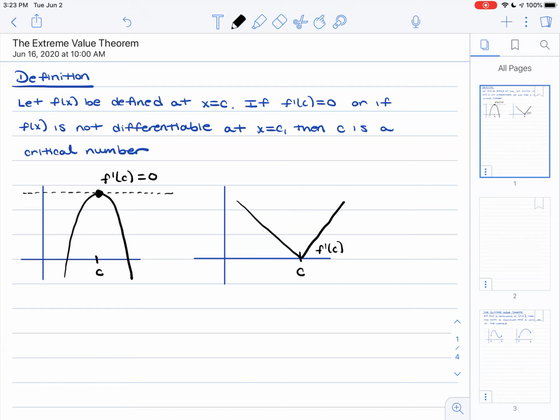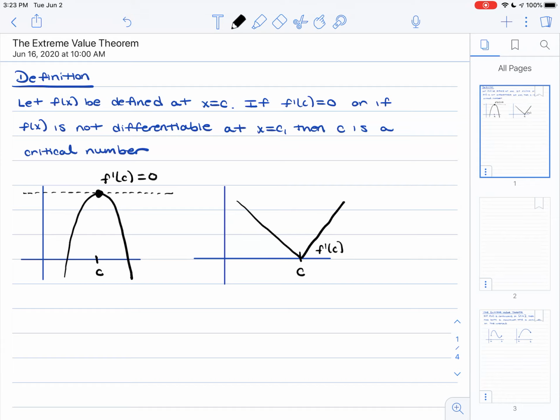All right, so let's start with those critical numbers, which means we need to find a derivative. So this is just simple power rule. So we get 12x cubed minus 12x squared. We can factor out a GCF of 12x squared, which would leave us with an x minus 1.